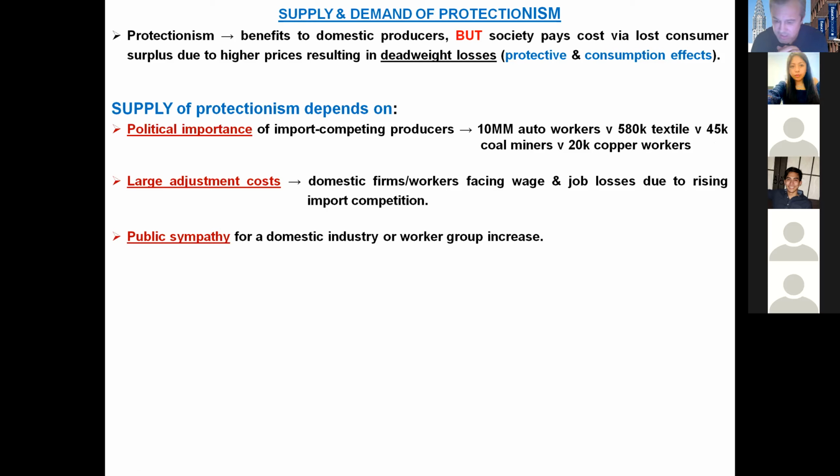So you look at a domestic industry like, what, the steel industry that has faced tremendous contraction as a result of fierce import competition. And then finally, the supply of protectionism increases when there's public sympathy for a particular industry or worker group.